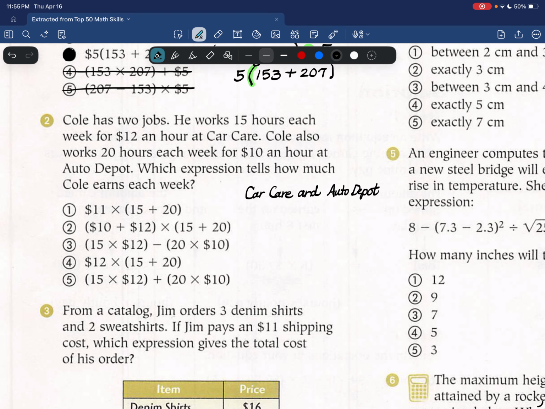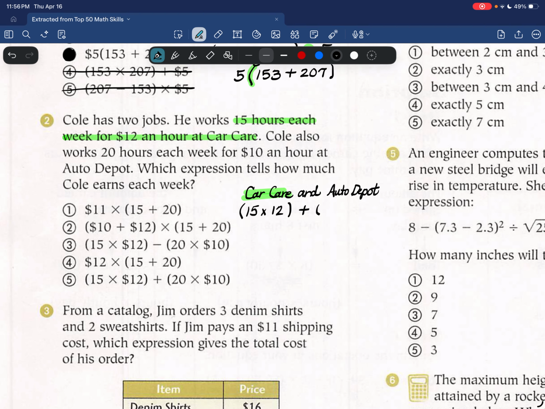Which expression tells how much Cole earns each week? Well, at car care, he does 15 hours for $12 an hour. So we could say this like 15 times 12.